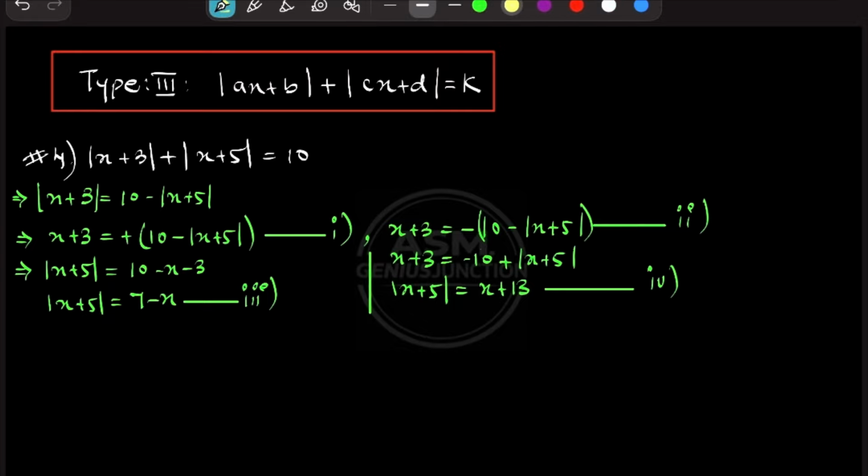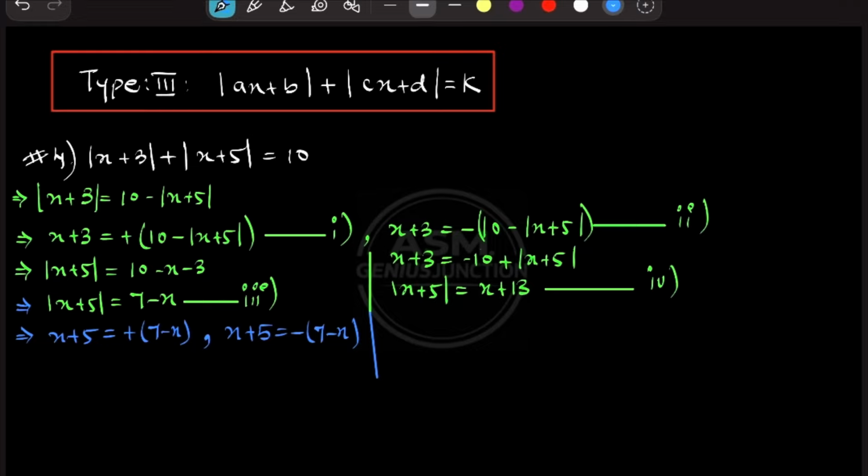Let's solve these two parts now. I will remove the mod sign. So I will get x plus 5 equals plus 7 minus x, or x plus 5 equals minus 7 minus x.